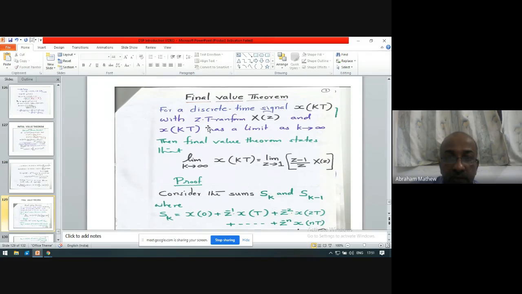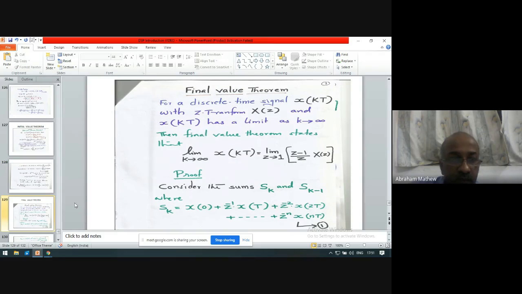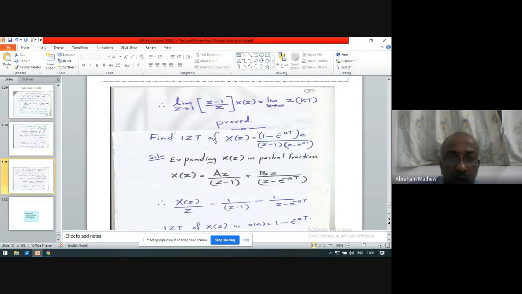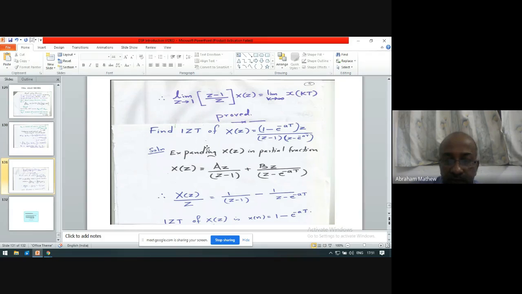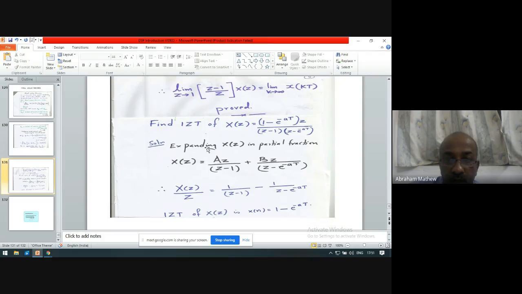Again, we can have the final value theorem, and the proof for this final value theorem is also stated here.